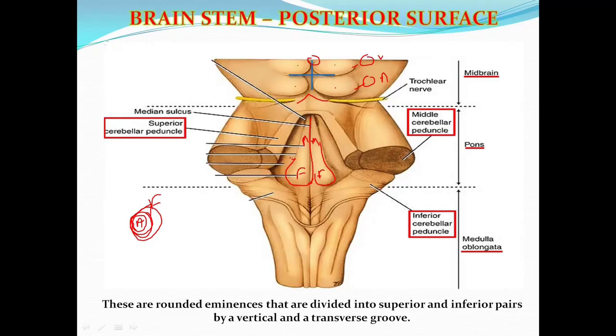Then on either side you can identify a line called the sulcus limitans.